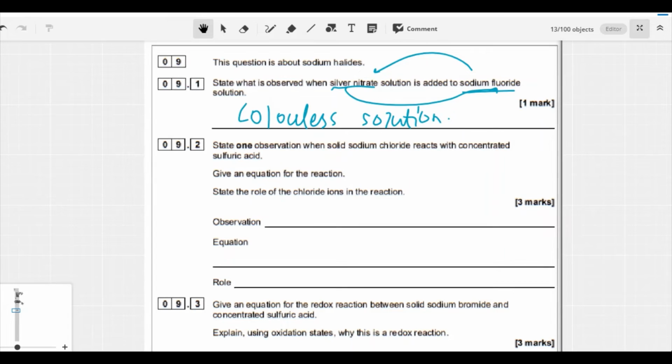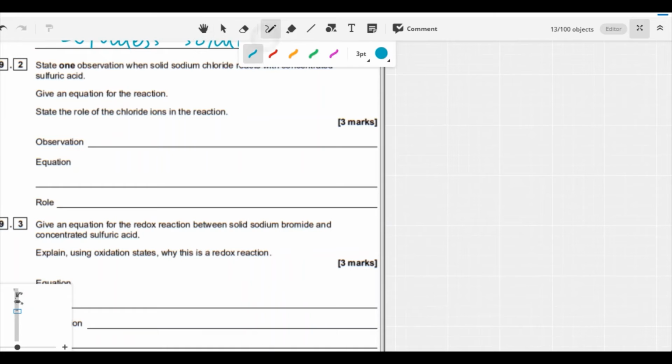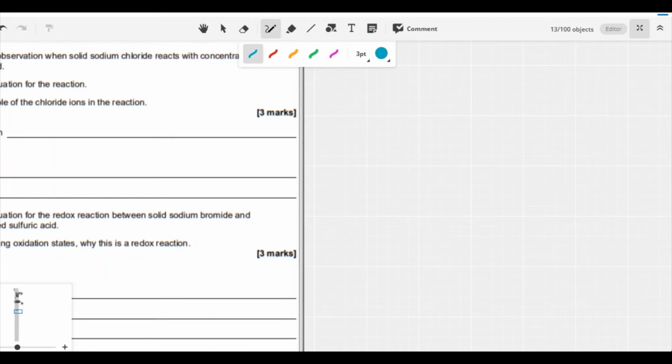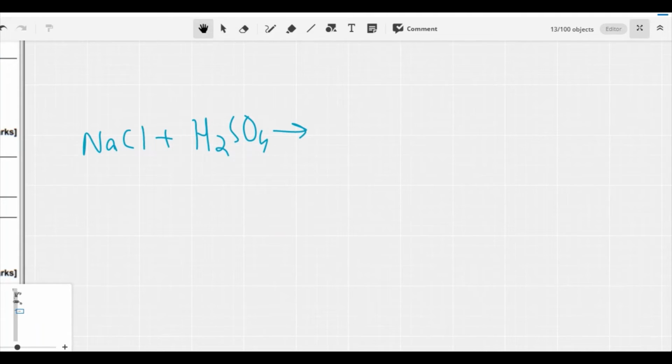Okay, now the next one: state one observation when solid sodium chloride reacts with concentrated sulfuric acid. For example, let's suppose I write NaCl reacts with H2SO4. There is a double displacement reaction, forming NaHSO4, or you can write Na2SO4.